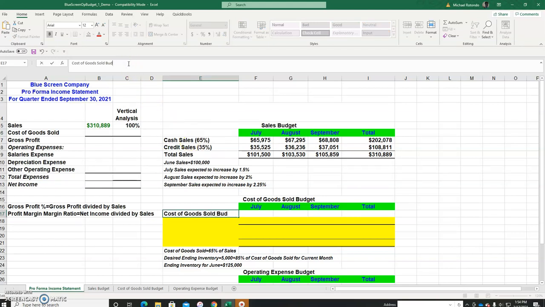There are a number of other things on the cost of goods sold budget: desired ending inventory, total inventory required, beginning inventory, and then our total purchases required.